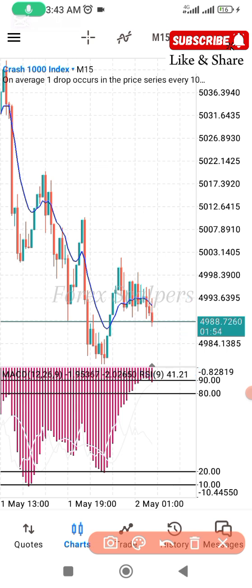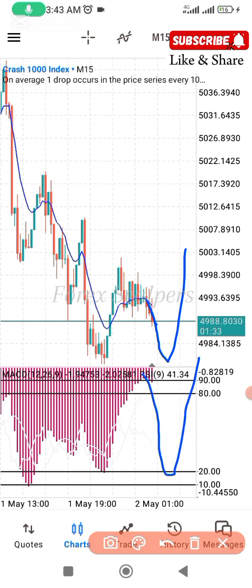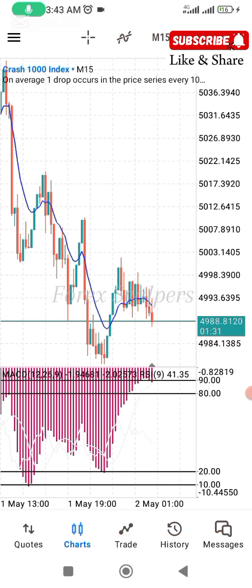Because imagine, if you are buying now, you can be a victim of the drop. Because this is a buying pressure, we are seeing bullish momentum, so we won't be selling. All we want to do is buy. So for us to buy, we'll be patient for price to drop a little, then we buy, and then this will also happen. And that is why this strategy is very, very effective.